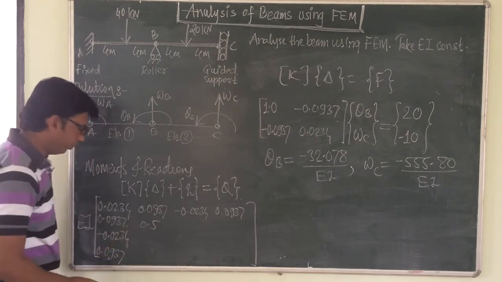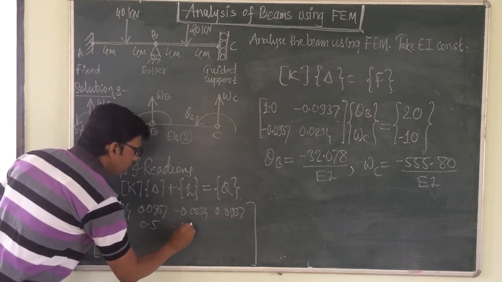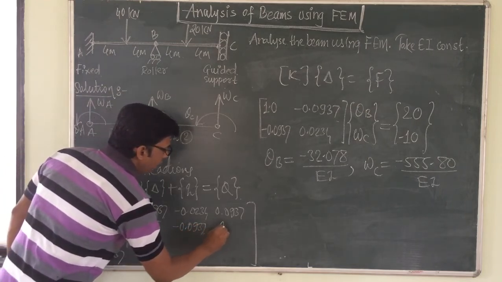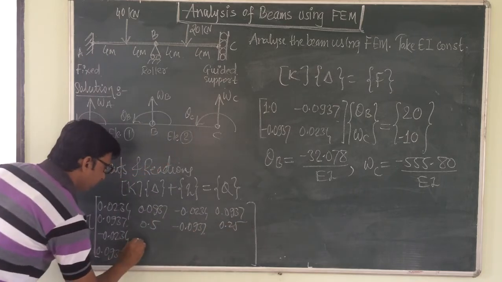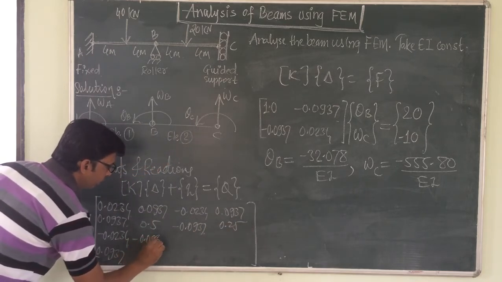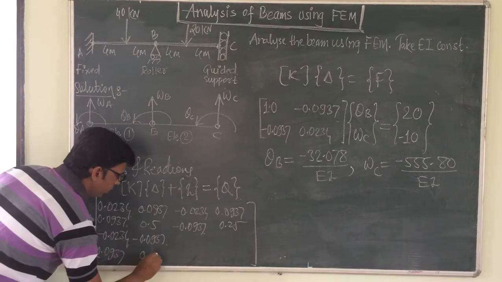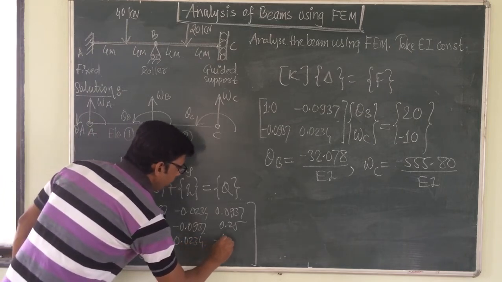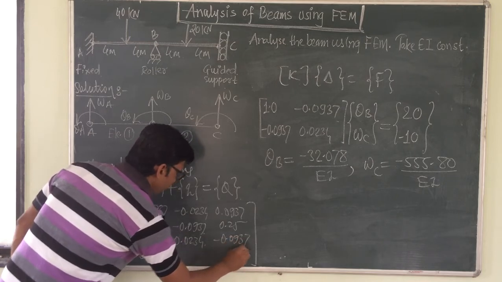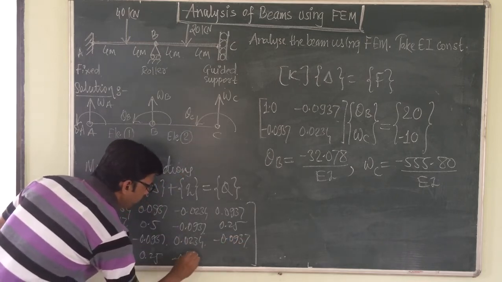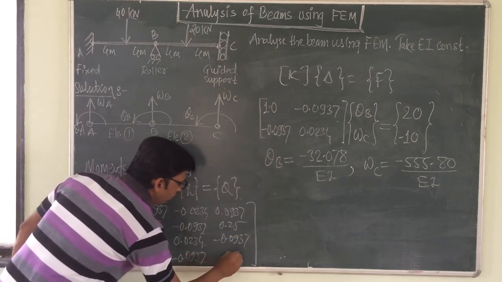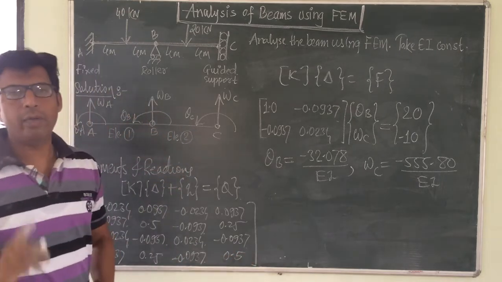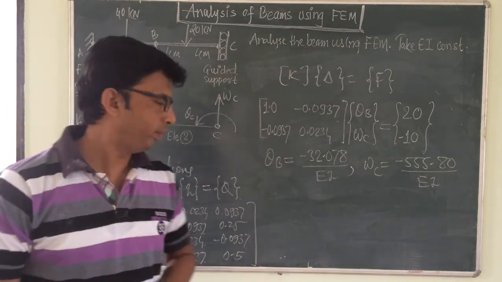Then this is 0.5, minus 0.0937, 0.25. This is K1, which we have already written in step number 1.